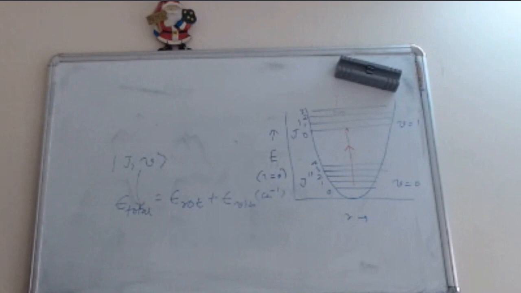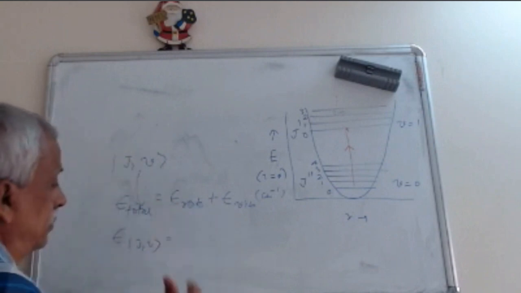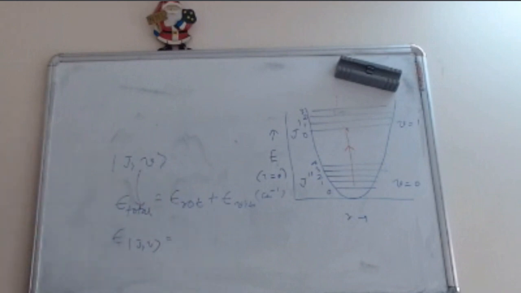So if I write E J B, rotation means, what is the rotational energy? Can you tell? B bar J into J plus 1.